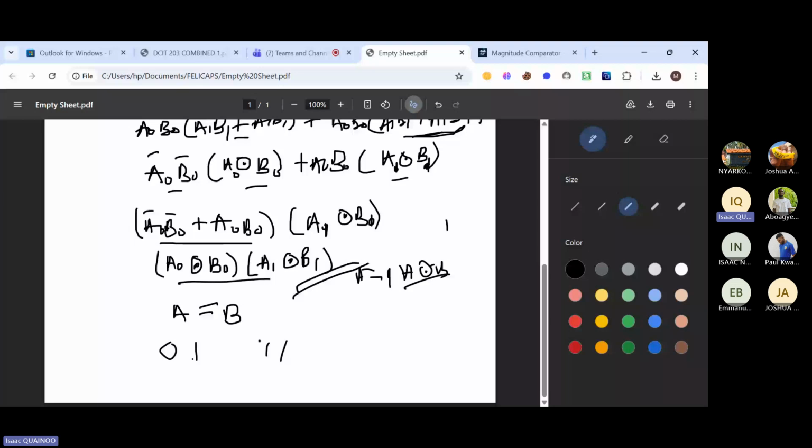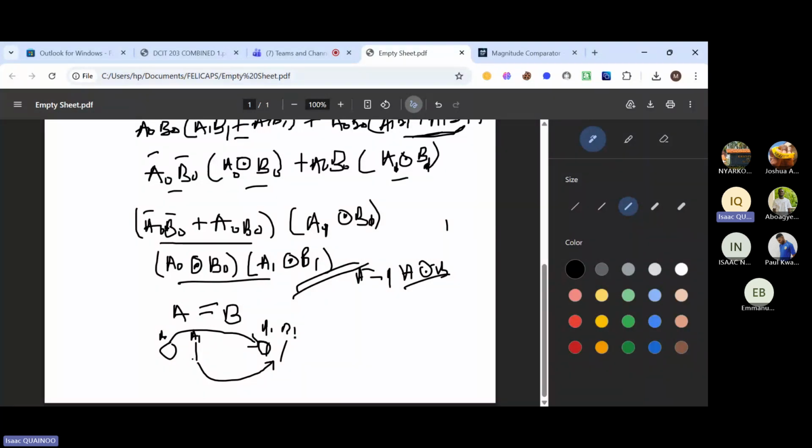You first compare this 0 here to this 0. If they are equal, you now compare this 1 to this 1. This is A0, this is A1, this is B0, and this is B1.